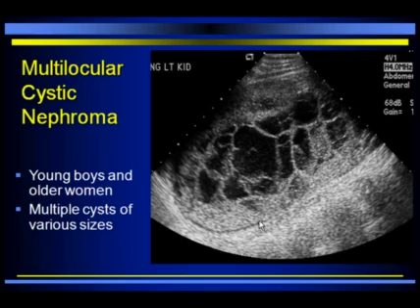And that's to be distinguished from another form of a cystic lesion, this often seen in either young boys or older women, numerous cysts of various sizes spread throughout a kidney, and this is called a multilocular cystic nephroma. There are various different names that have been given to this entity, but this is a benign cystic tumor of the kidney. And it should be recognized as such with these multiple cysts and just treated as a benign lesion.